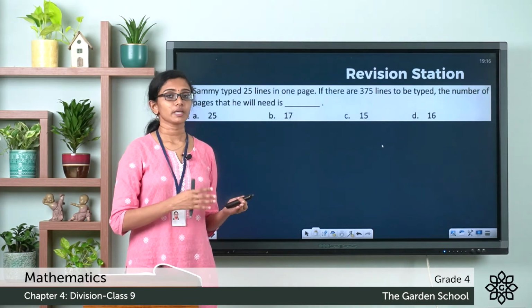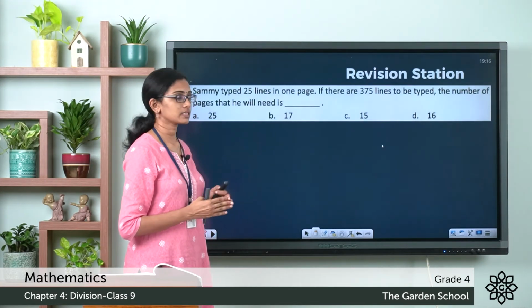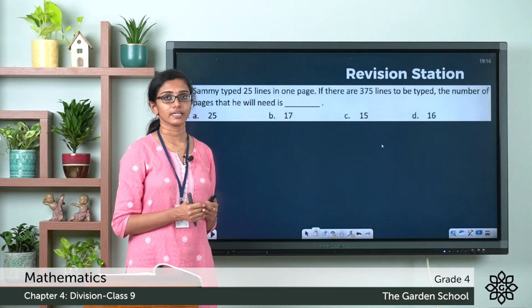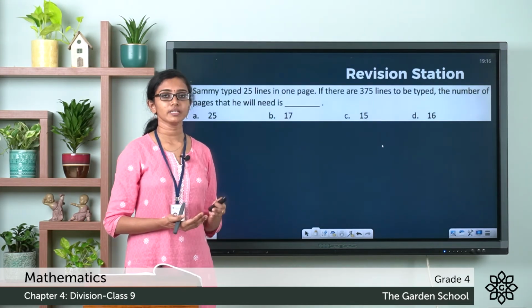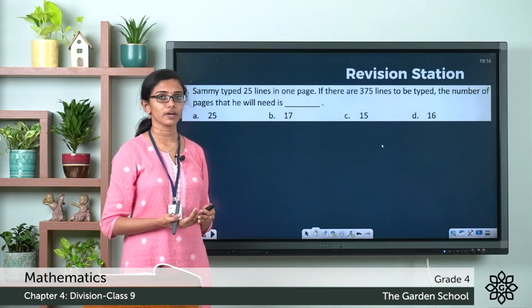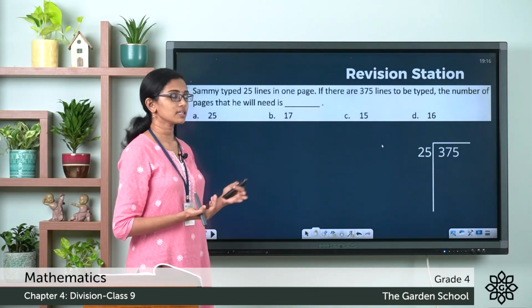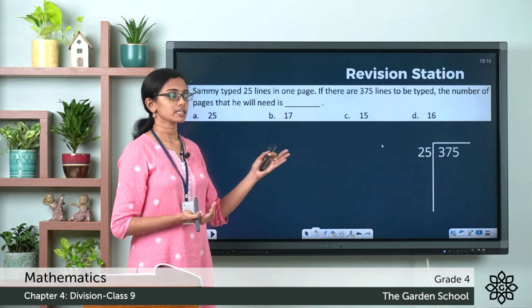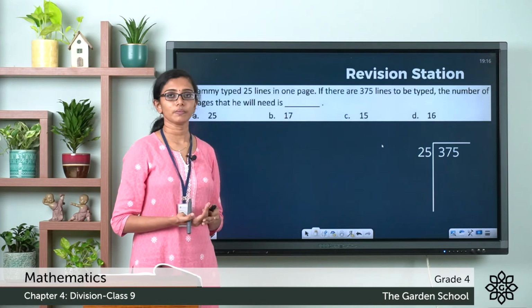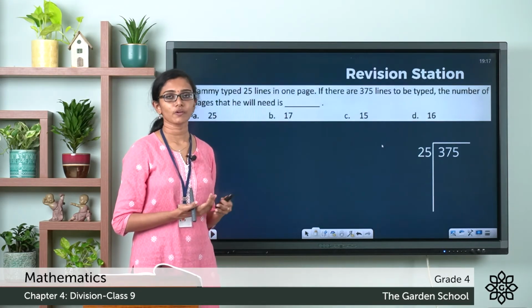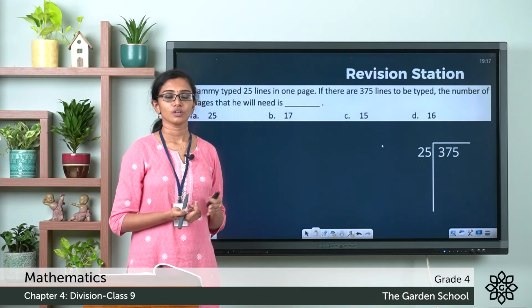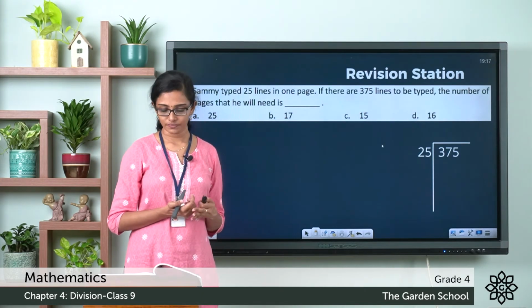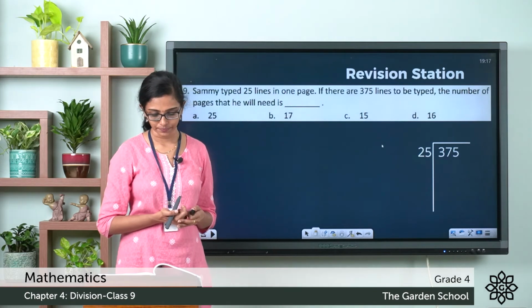For typing 375 lines, how many pages will he need? How do we find it out? We know the number of lines that can be typed in one page, and that is 25. So if we divide the total number of lines by the number of lines that can be typed in one page, we will get the number of pages required. So do the division and find out the number of pages required.